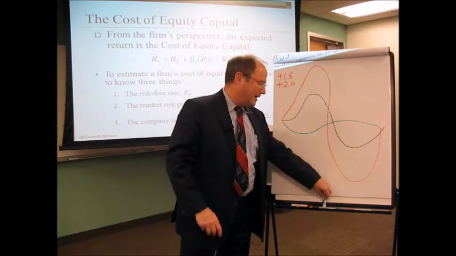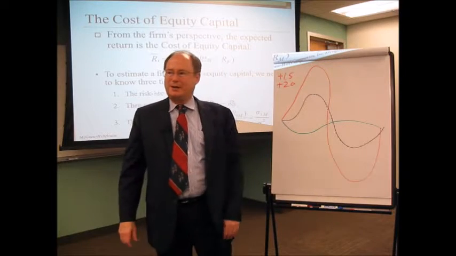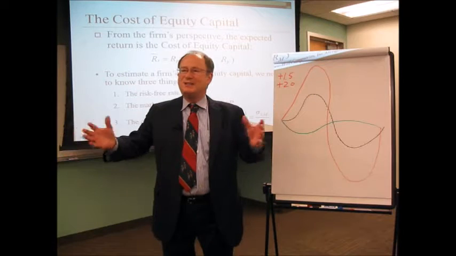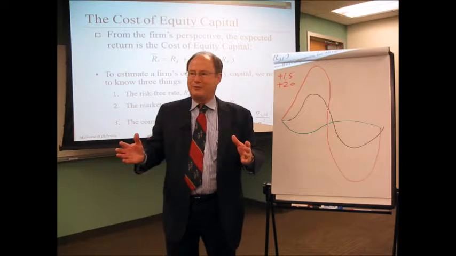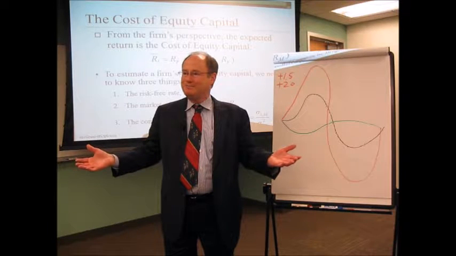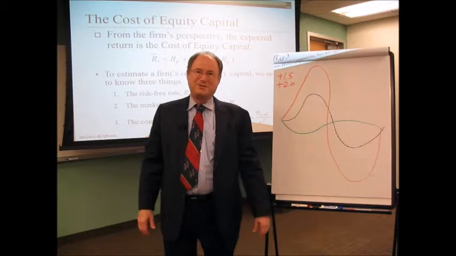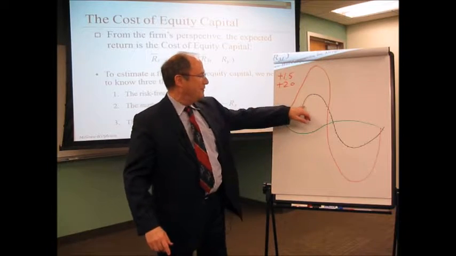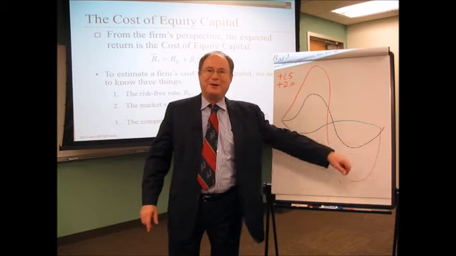So there are stocks that kind of mirror the market. I'll take that one step further. If you put all the stocks in the S&P 500 together, what would the beta be on average? 1.00. It would be the market. It would move just like our black line right here.